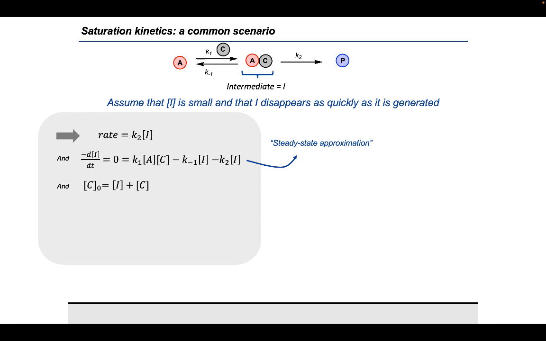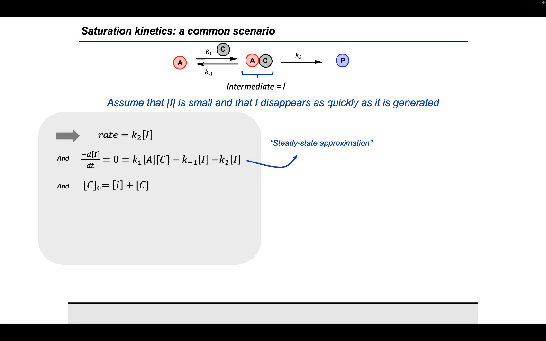Now here the idea is that component A binds to catalyst C in a reversible step to generate intermediate I in this case, and that intermediate is then transformed to product P with rate constant k2. Now here we're assuming again that the concentration of I is small and that it disappears essentially as quickly as it is generated, which are the central facets of the steady state approximation.